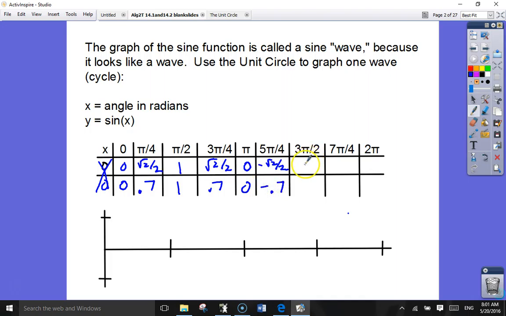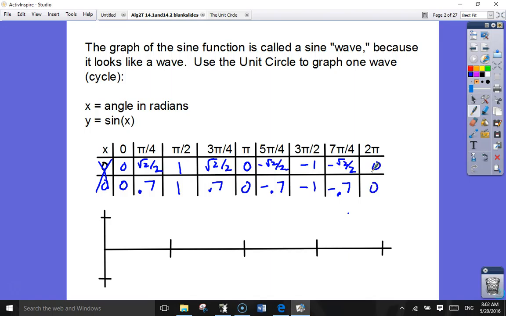At 3 pi over 2, the sine is negative 1. And at 7 pi over 4, we get another negative root 2 over 2, which is negative 0.7. And at 2 pi, we're back to 0.